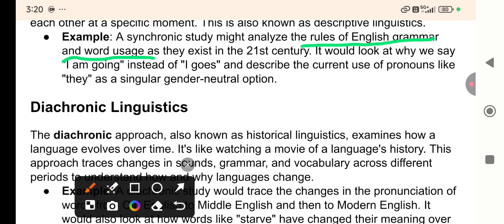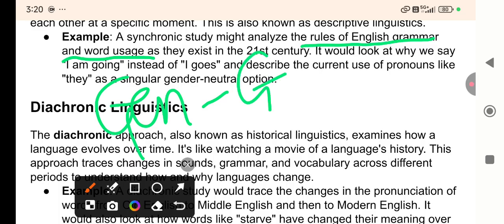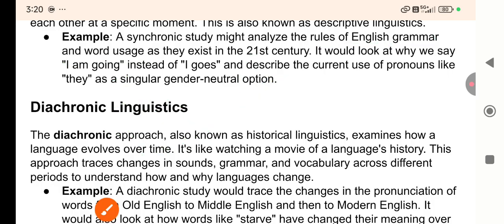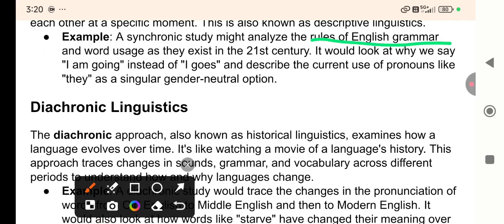That is for Gen Z. Gen Z has invented so many new words and terms, and suppose your topic is the English of Gen Z. Then you will have to study the rules of English grammar and, at present, what is going on in word usage, how different types of words are used.